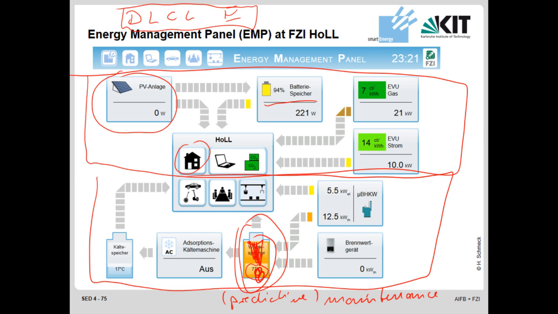In a factory, you would have a different type of interface, because their engineers would be the persons who would look at that, and they would have different requirements on what they would like to see and what kind of information they would need to get the appropriate information about a certain situation, where they might also be requested to provide preferences for using certain devices in order to specify degrees of freedom, specify flexibility potentials.